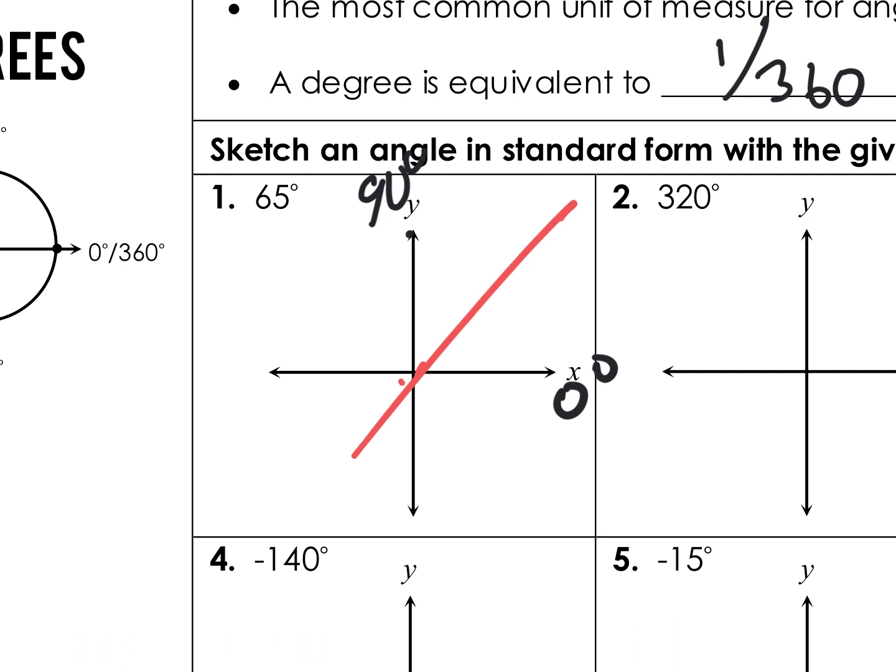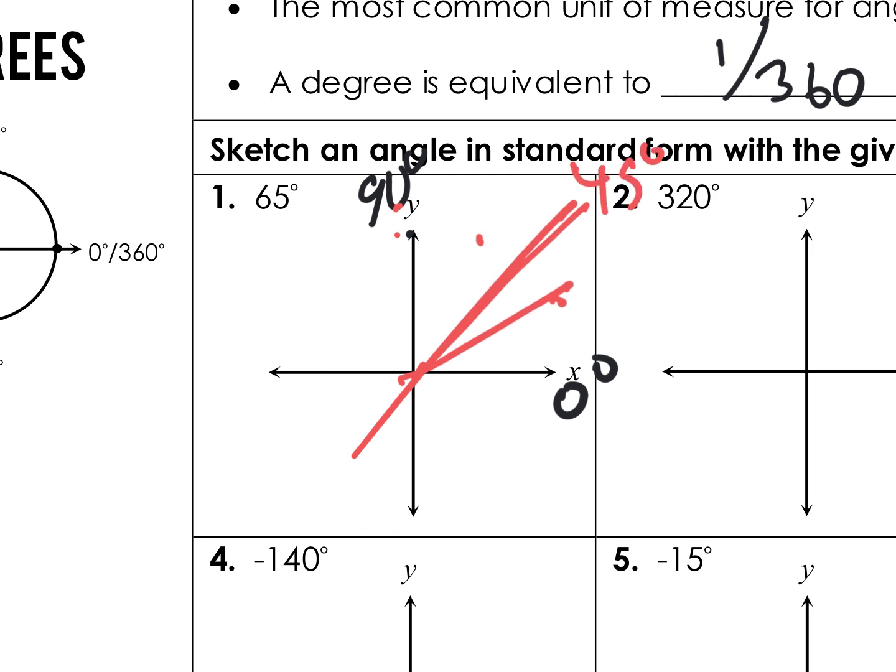Nope, that would be a third. 30, 60, 90. So the middle is 60? Well, what's half? How many degrees is half of 90? 45 degrees. So this would be 45 degrees.